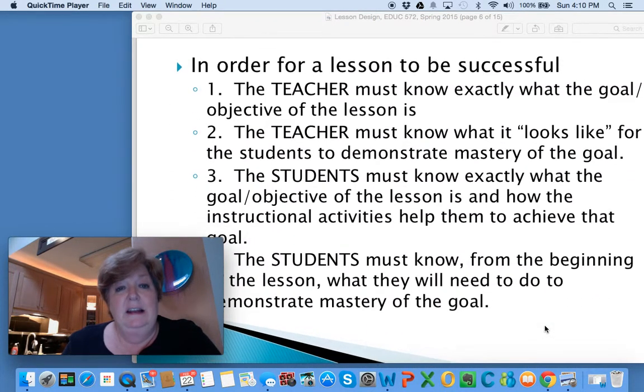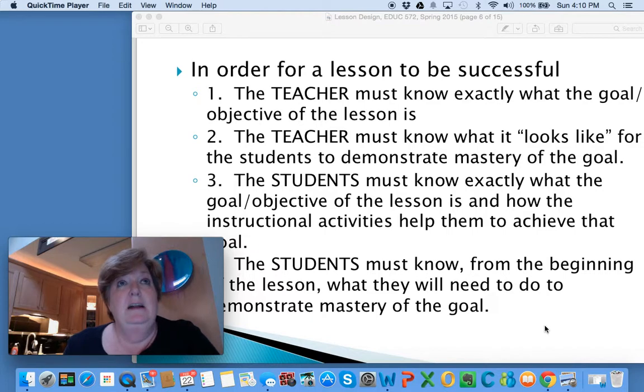We've not really gotten into talking about how to plan for successful science instruction yet, but I will tell you it doesn't matter what subject it is. The number one thing that's key for a lesson is that you as the teacher have a very clear understanding in your mind, in your instructional design, about what it is the kids are to learn or the skill that they are supposed to learn to do.